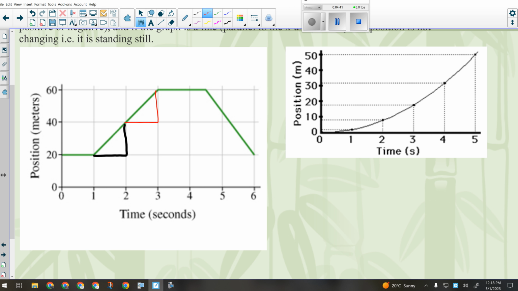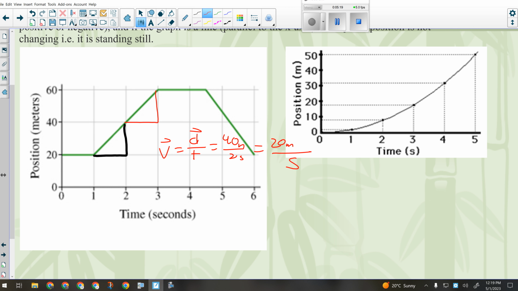What was its displacement during that time? 40 meters, right? It went 40 meters, and it did so in how many seconds? 2. Is velocity displacement divided by time? 40 meters in 2 seconds. Is that 20 meters per second? So that means the object was traveling at a constant velocity of 20 meters per second.